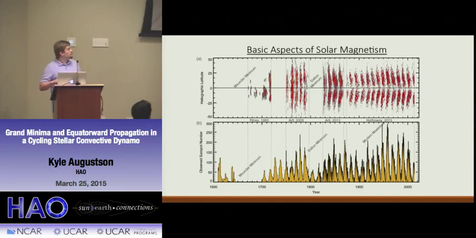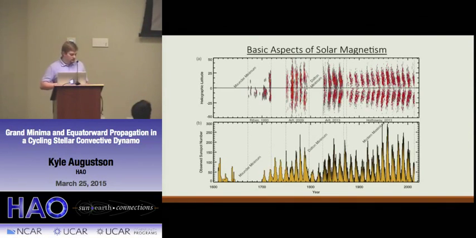You can also see several minima, like the well-known Maunder minimum, which lasted something like 60 years, wherein you had very few sunspots, only a couple per year typically. And also, at least as far as the observations from the Observatoire de Paris, you have some hemispheric asymmetries. Namely, in this case, you have more sunspots in the southern hemisphere than you do in the northern hemisphere.